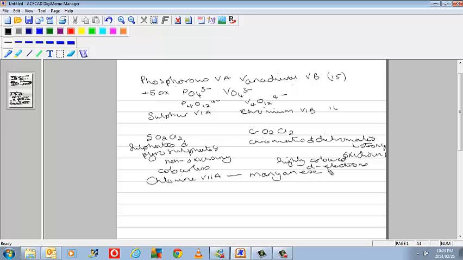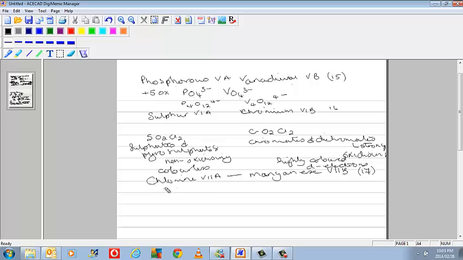Manganese in group 7B, otherwise known as group 17. Now chlorine once again is a non-metal and manganese is a metal, but the oxoanions are both in this case strongly oxidizing.